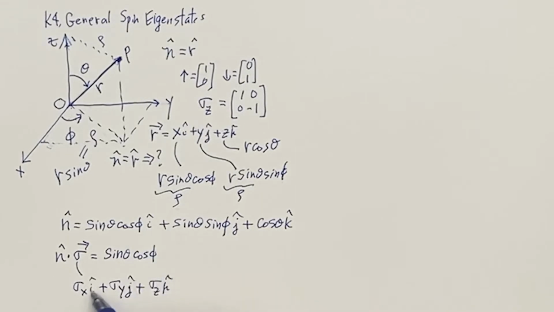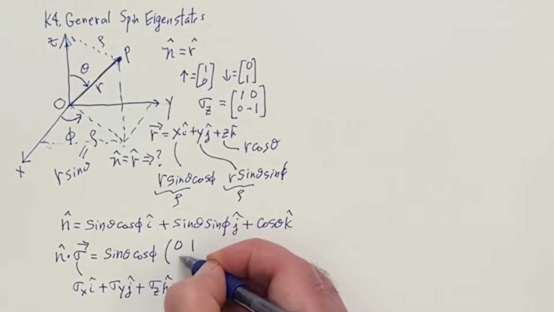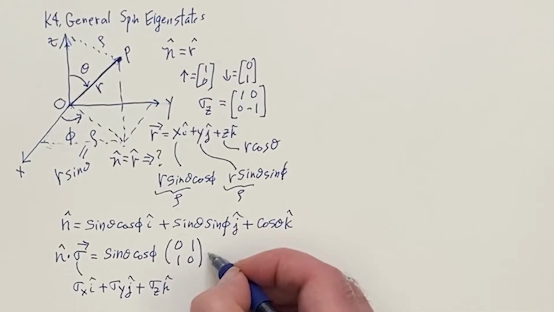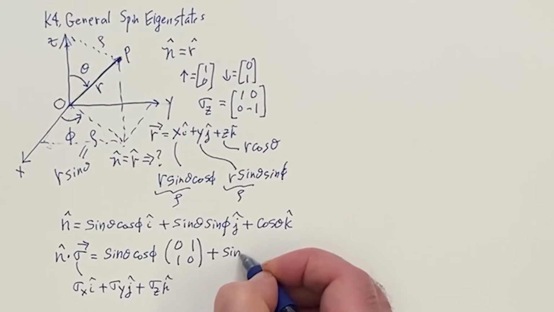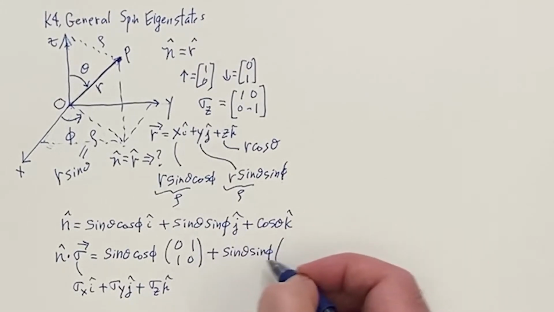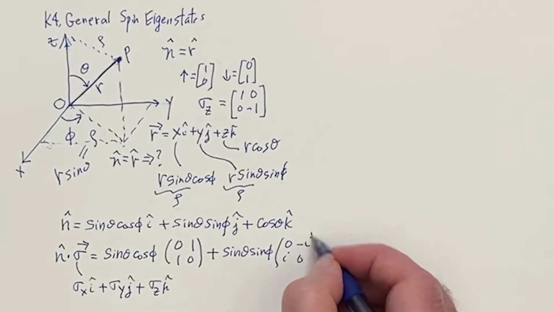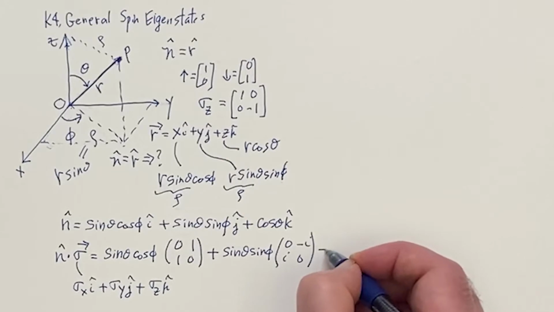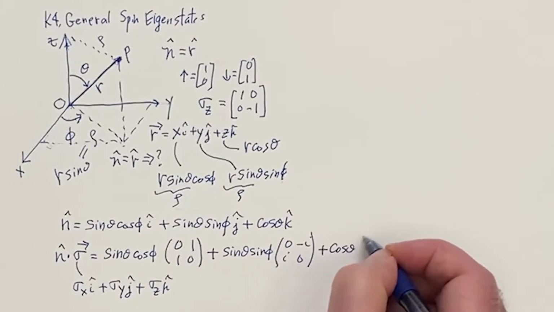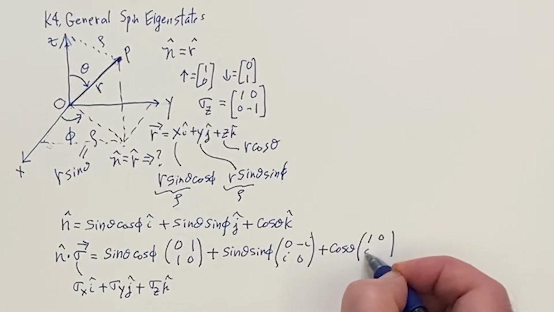So I dot i would be 1, and I would have this times sigma x, which is 0, 1, 1, 0. And then the next one would be sigma y, which from the other class we know is this. And the last one, the cosine of theta with sigma z, is 1, 0, 0, minus 1.